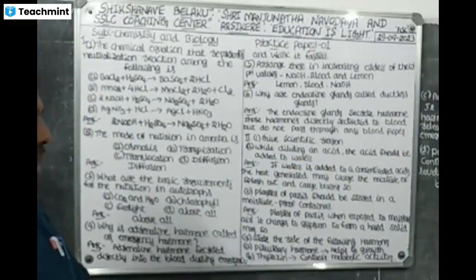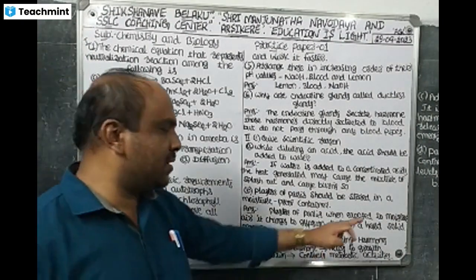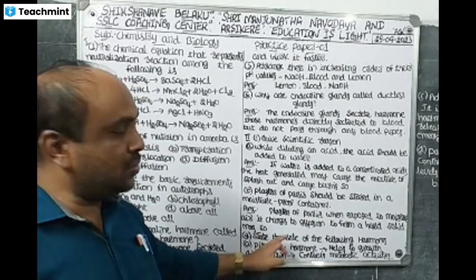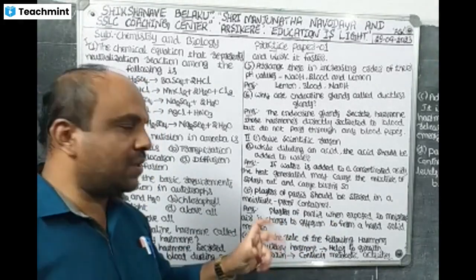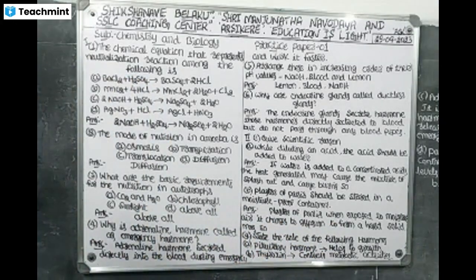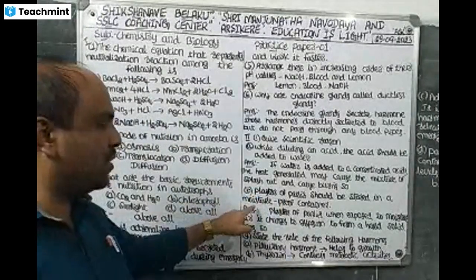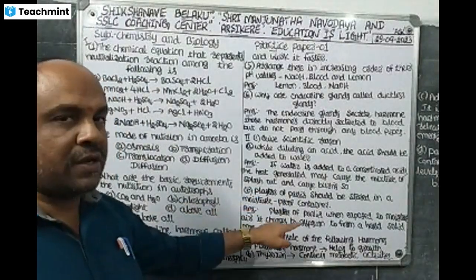Next, B: Plaster of Paris should be stored in a moisture-proof container. When plaster of Paris is exposed to moisture, it changes into gypsum, which means it forms a hard substance. To avoid this, plaster of Paris must be stored in a moisture-proof container.